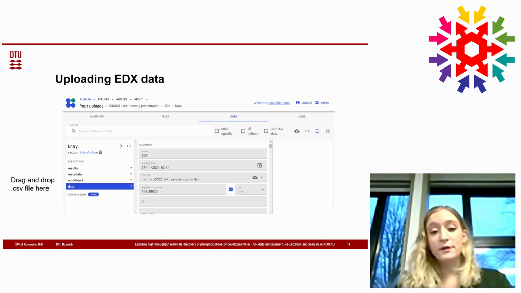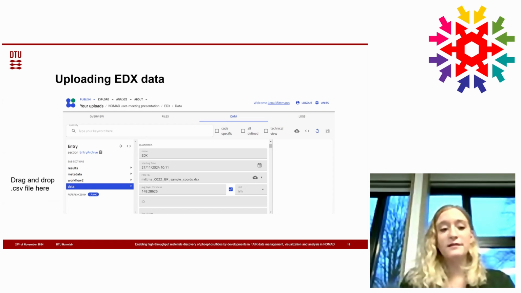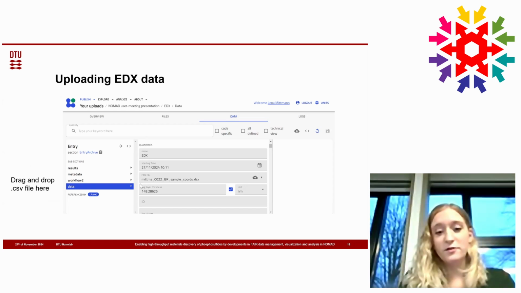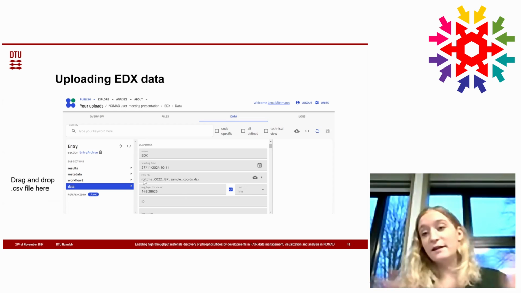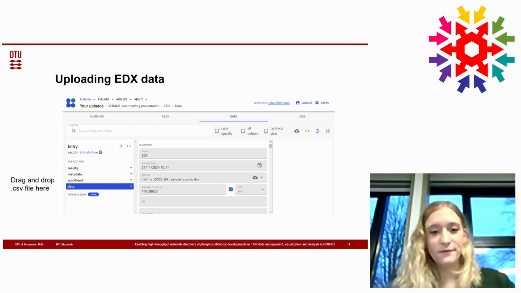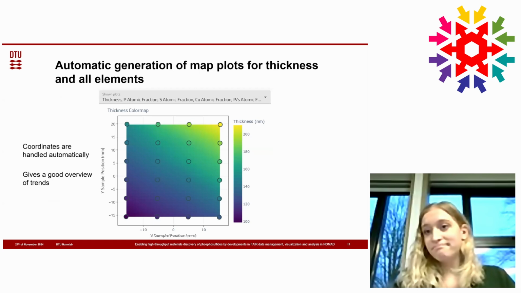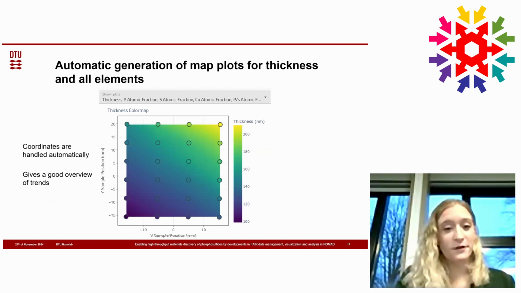And we tried to set it up in a way that it is basically just drag and drop for the user. So you drag and drop your CSV file into the appropriate field, and everything is handled automatically, from giving you the average layer thickness to creating our combinatorial plots.